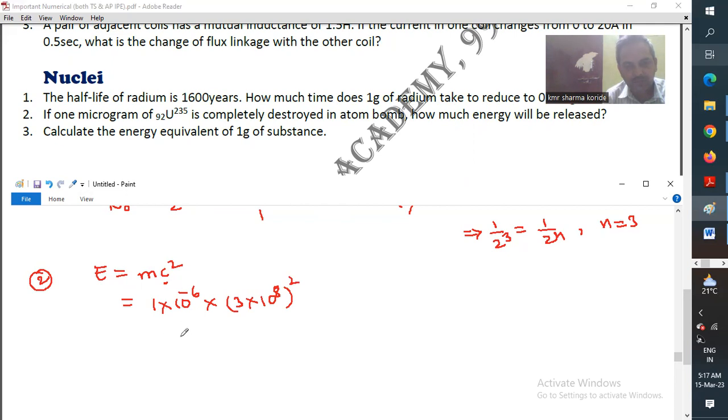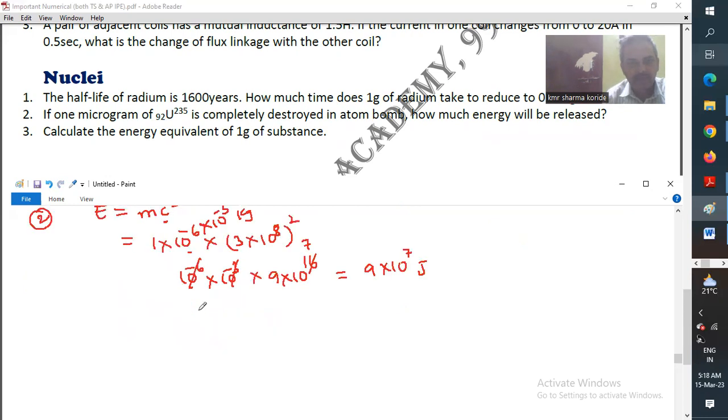So therefore, 10 to the power of minus 6, and that is in gram. So one more 10 to the power of minus 3 will come, converting into kg. So 10 to the power of minus 6 with 10 to the power of minus 3, and after you multiply 3 into 10 to the power of 8 with 3 into 10 to the power of 8, 9 into 10 to the power of 16. This is minus 9 plus 16, so therefore plus 7. So the answer is 9 into 10 to the power of 7 joule.